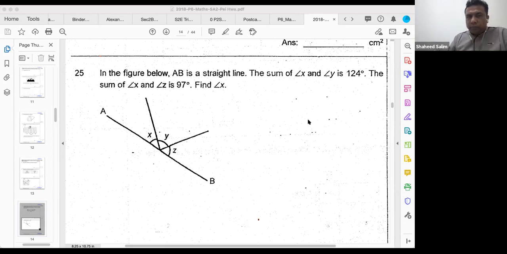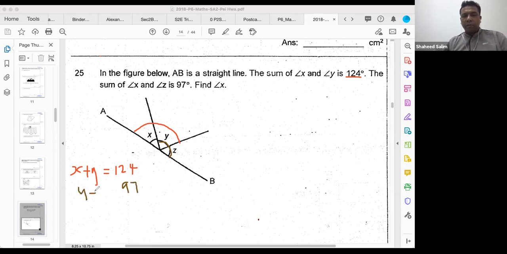Now, down here, you must remember, we do this method. X plus y is equal to 124. Then y plus z, I use a different color, y plus z is 97.